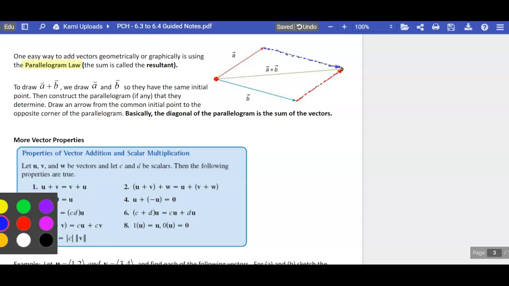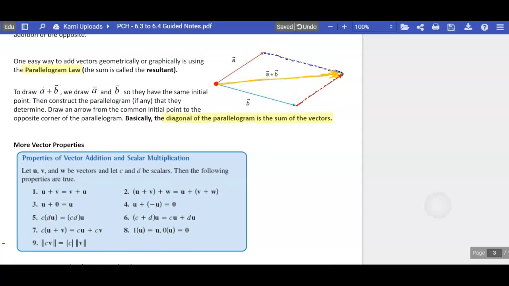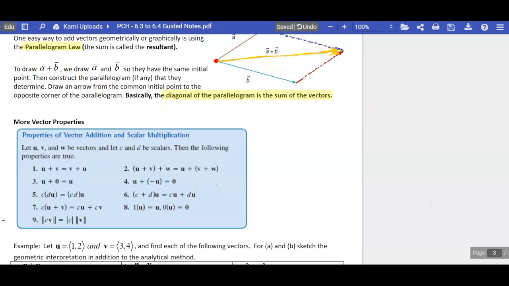The resultant is going to be that diagonal from the start to the other side of the parallelogram. Basically that diagonal of the parallelogram that starts where the two vectors started. So the diagonal of the parallelogram is the sum of the vectors. And if you want to do tip-to-tail, you can. This is just another method that I wanted to mention to you guys.